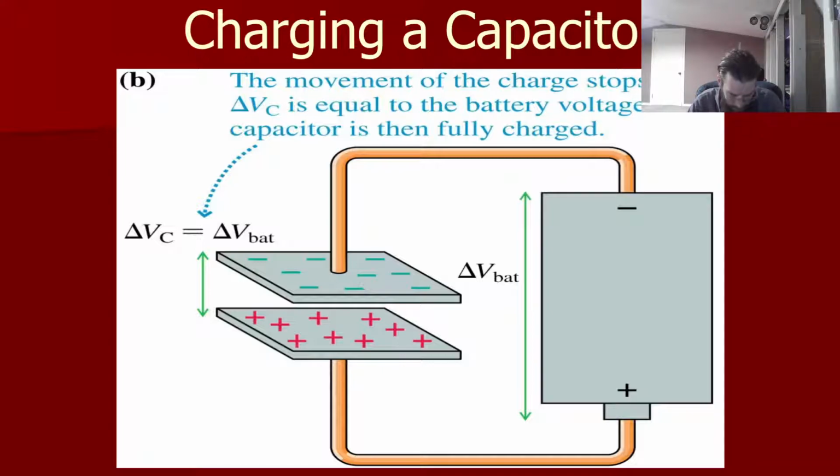So if your capacitor has a small area, it's going to be difficult to get it up to charge, or if you're using a particularly low voltage, it might be a little difficult. But give it enough time, which is generally like 2 to 5 seconds, and it will come up to the same voltage as your battery. So, not charge, same voltage as your battery.